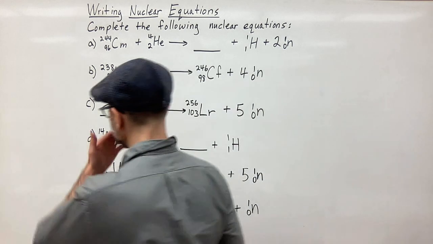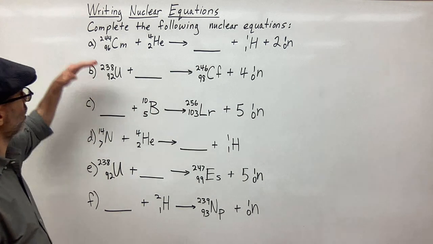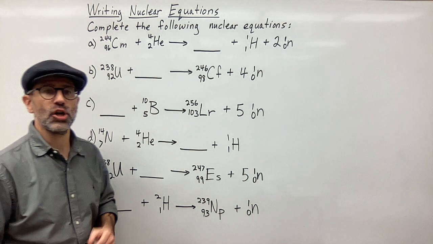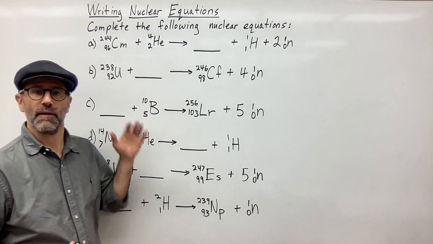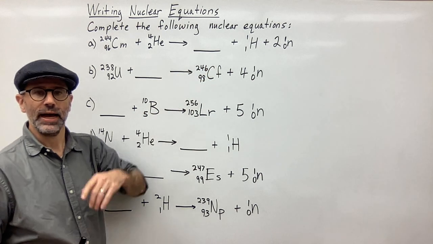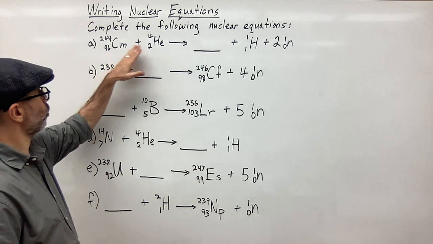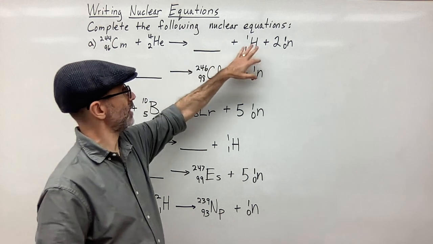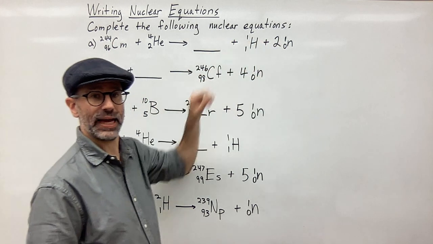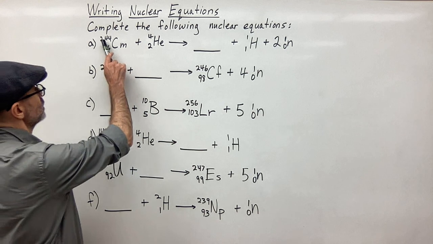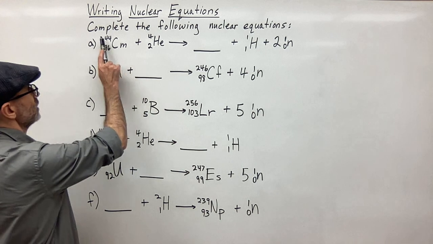So coming to this side here, starting with A, they're giving us an equation. So all we need to do is fill in the missing part. And that's going to be really easy because all we need to do is find the total here. And then we realize that this total has to be the same, right? So let's begin with the top number.